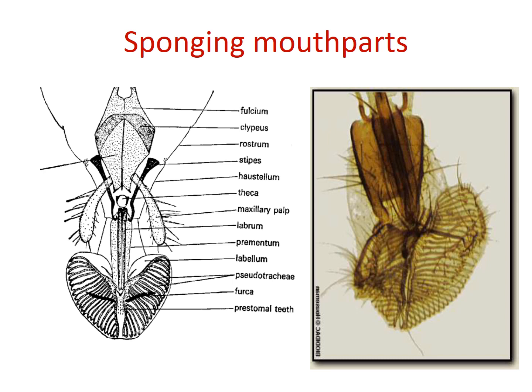You can see the pseudotrachea here. Then we can see different parts, rostrum, then also the haustellum, and various other parts: maxillary pulpi, labrum, remainder, labellum, pseudotrachea, all the parts can be seen in this.